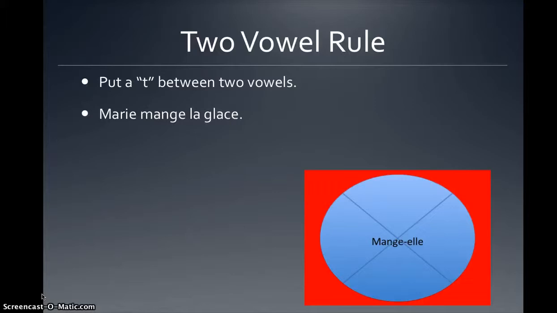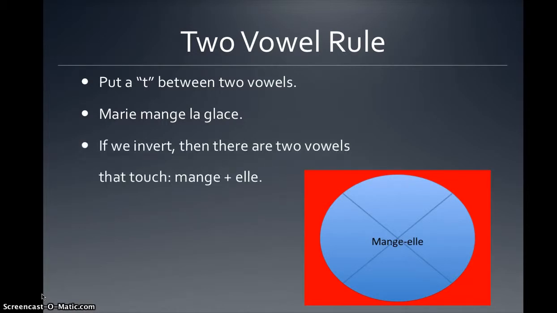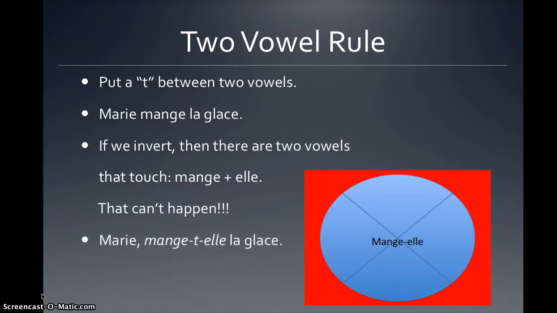Marie mange la glace. Again, we have to replace Marie with elle because we can't invert with a proper name. If we invert, then there are two vowels that touch. We have mange and we have elle, and we cannot have those two touching. So, what do we do? We put a T there.